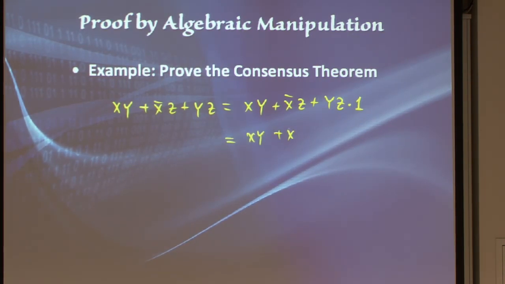Then I can change this 1 into x or not x. We had an identity before, and x or not x will always be a 1, so I'm making this 1 just to be this, and then naturally I will open the brackets.